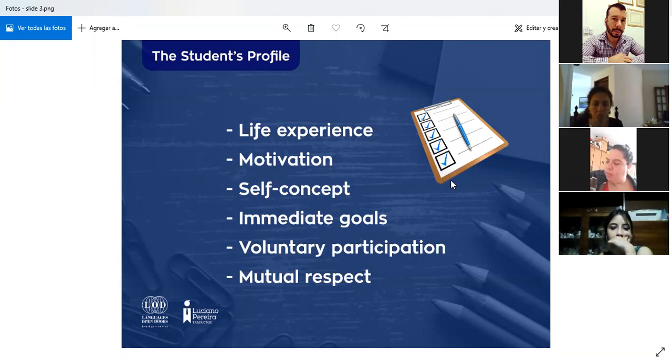Okay, what else? Then we have voluntary participation. Well, this is also related with motivation. The student comes to class because he wants to. He wants to be in the classroom. He is willing to learn. He has the need to learn, as I said before, for many reasons.